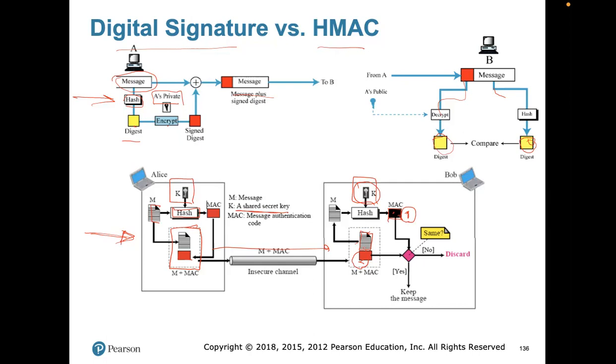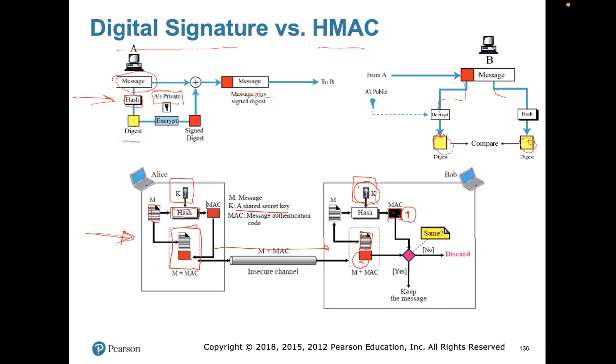So the difference between the digital signature and HMAC is this. And of course, another big difference is that in digital signature, you have the non-repudiation property as well. It means that whenever Bob receives something from Alice, Alice cannot decline that, cannot say that it wasn't me who sent that data. But in HMAC authentication, that's not the case. That may happen.